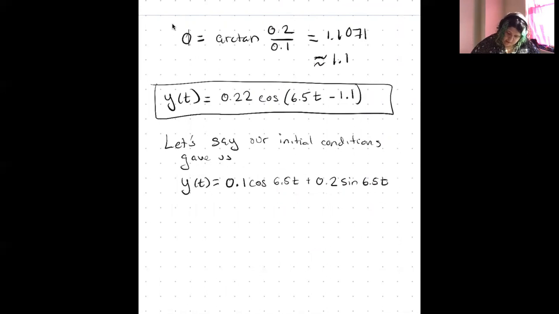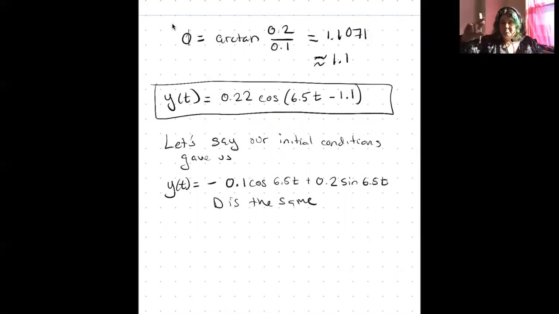Let's say we got minus 0.1 cosine 6.5t plus 0.2 sine 6.5t. First we notice that d is the same. The numbers are the same when you square them. The signs in front of them don't matter. The length of that vector doesn't depend on which quadrant it's in.